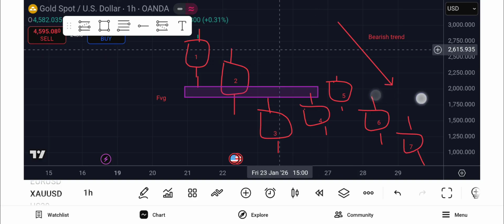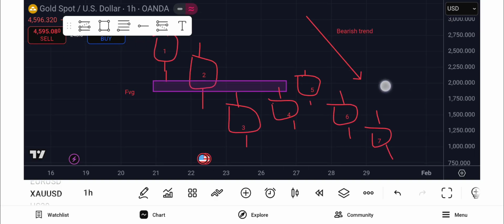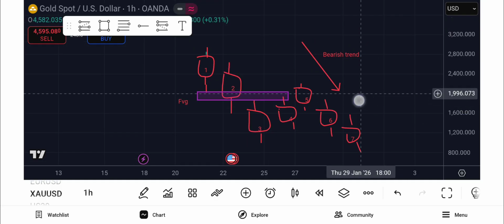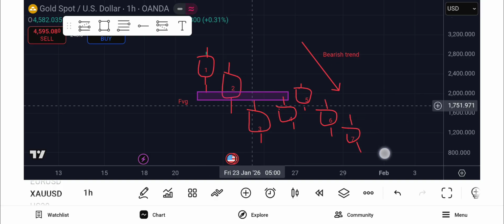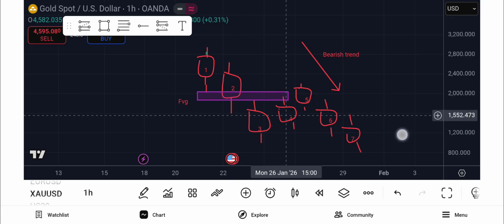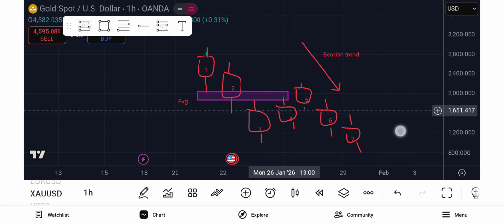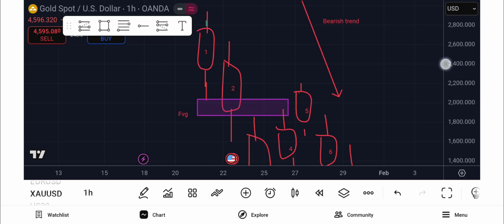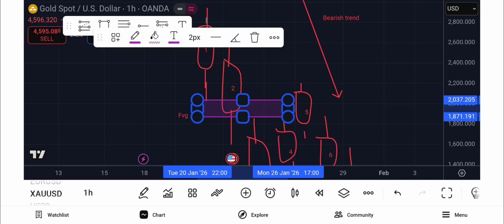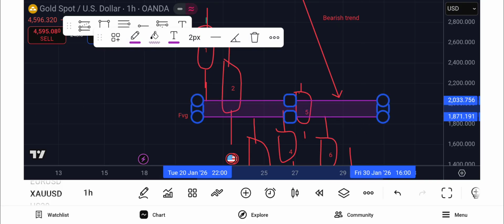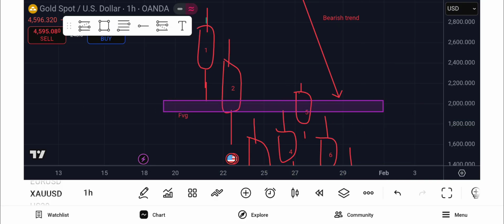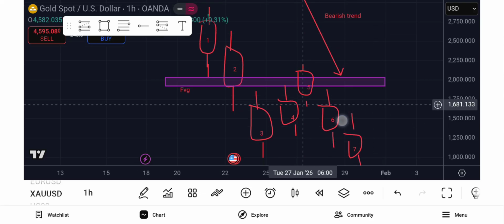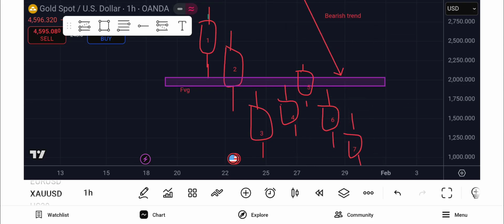So you would basically wait after the third candle. You wait for the fourth candle or the fifth candle to come into this fair value gap here. That was drawn from the third candle.